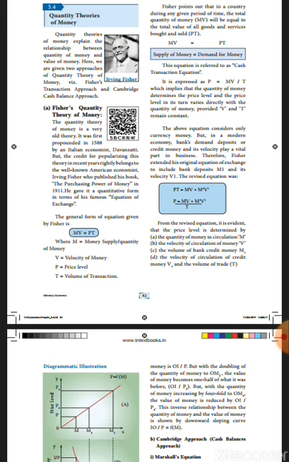V refers to velocity of circulation of money. M1 refers to volume of bank credit money, V1 refers to velocity of circulation of credit money, and T refers to volume of trade, that is volume of transaction.